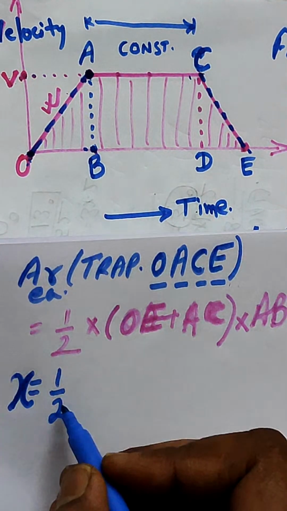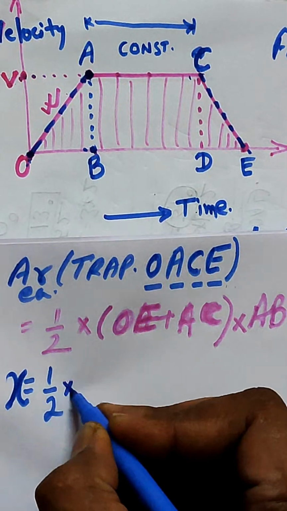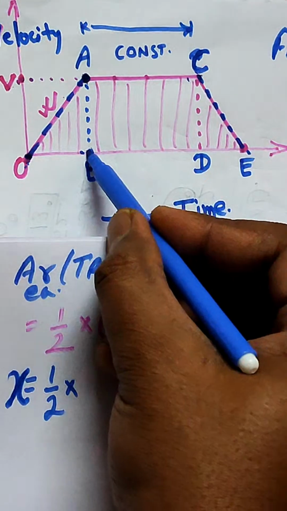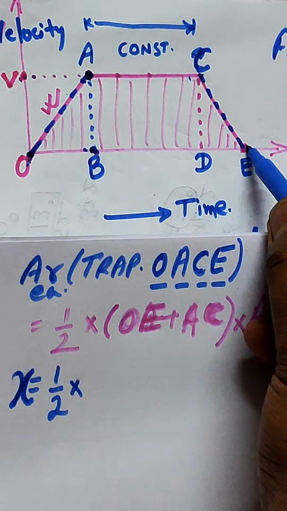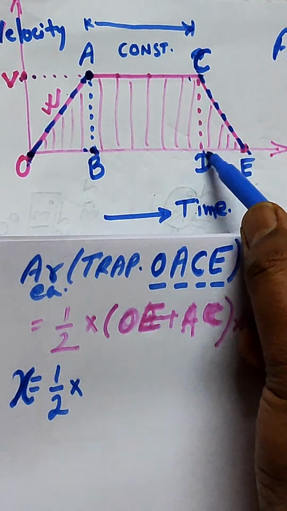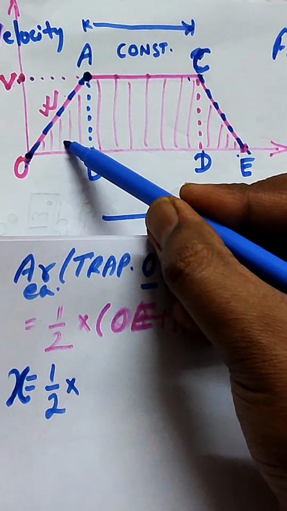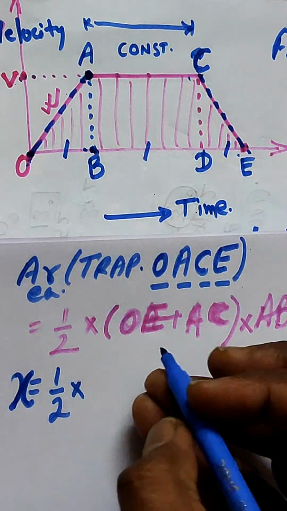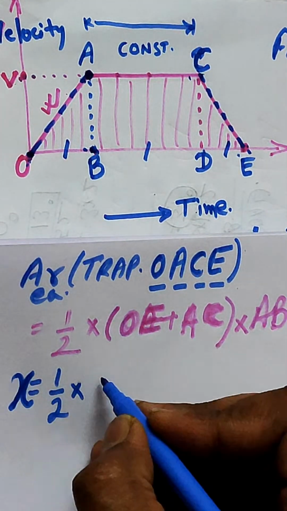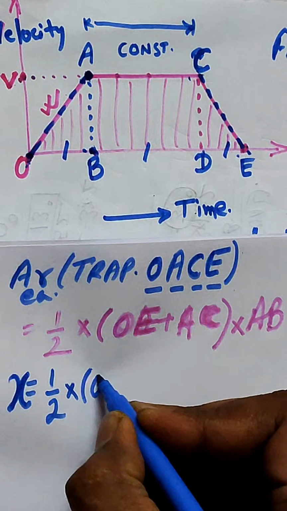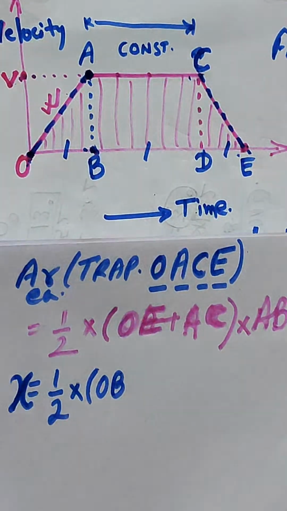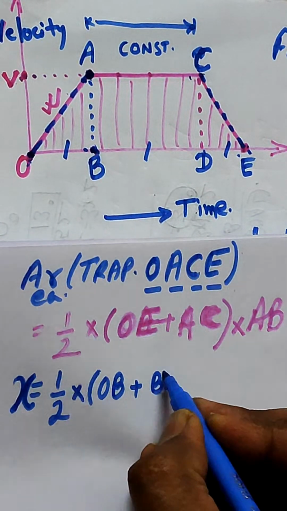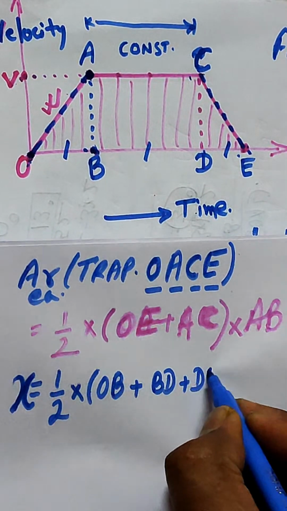So this is equal to half into the value of OE. OE is OB plus BD plus DE. You can see three sections, this, and this, right? So OE can be written as OB plus BD plus DE.